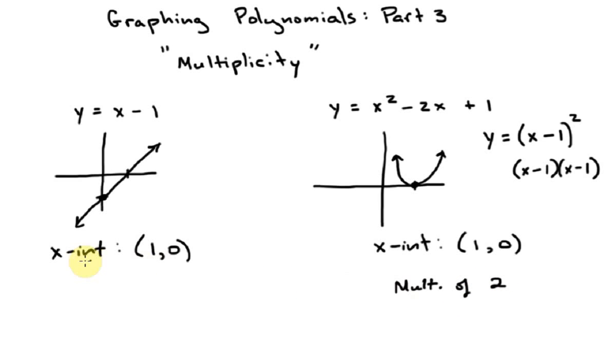Whereas over here, you only have the one single point, and when you go back to this version, there is clearly no second x-intercept. It's a 1, and it shows up only once, so this has a multiplicity of 1.